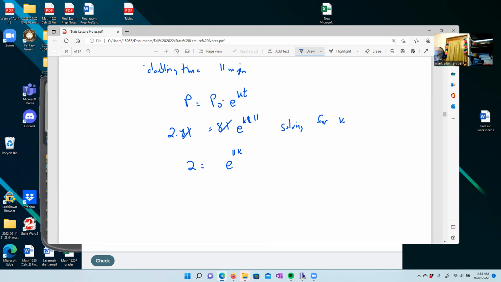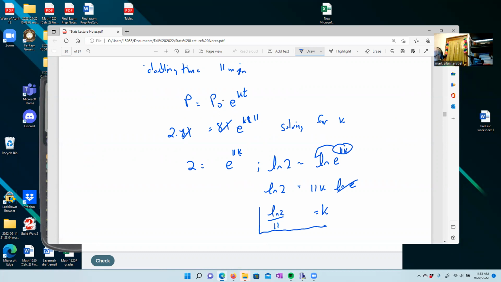We have an unknown in the exponent position. How do we get it down? Take the natural log of both sides. So we have natural log of 2 equals natural log of e to the 11k. The exponent pops down in front, so we have 11k times natural log of e equals the natural log of 2. Natural log of e is 1, so k is equal to natural log of 2 over 11.